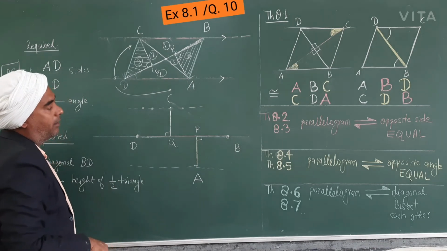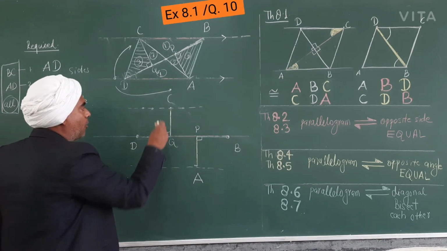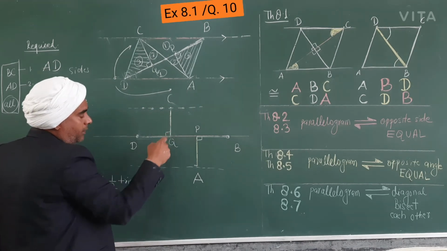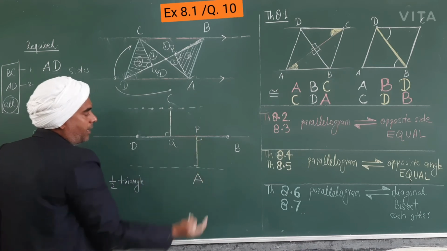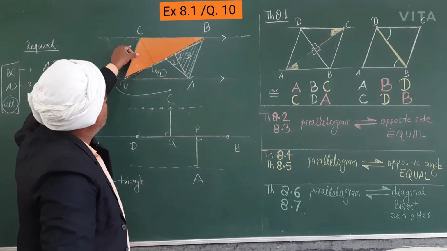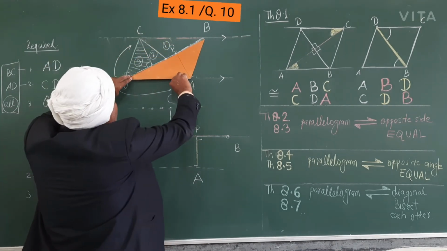For the parallelogram, you should take this equal, meaning how much height, at how much place you have to take the height. So you should know CQ, and the theorem is CQ and PA are equal. Why is it equal? Because the two triangles are congruent. This triangle and this triangle are congruent.